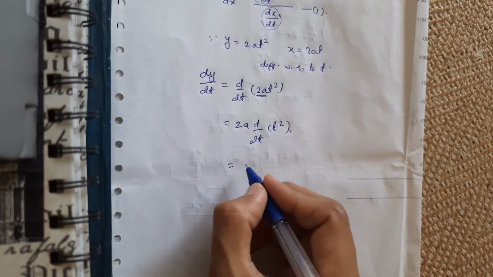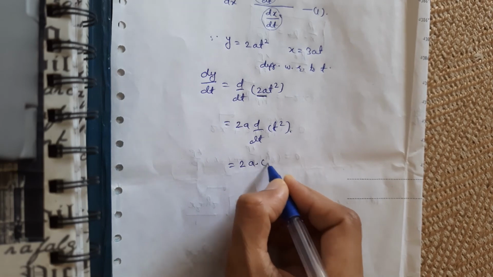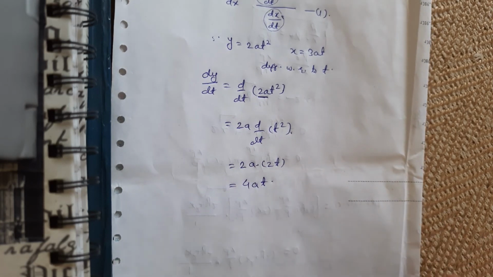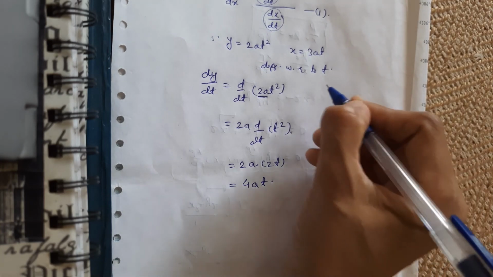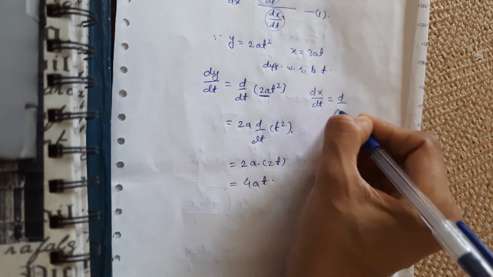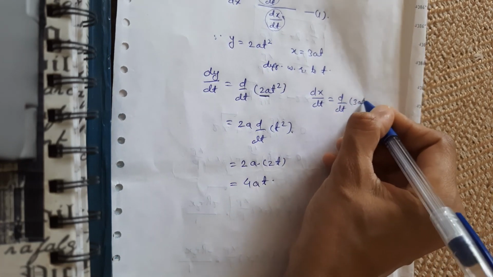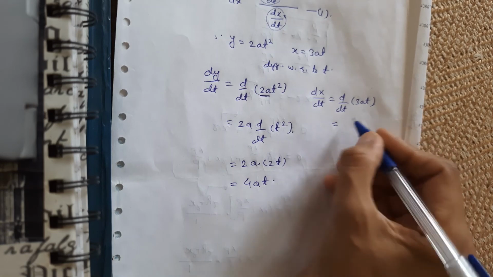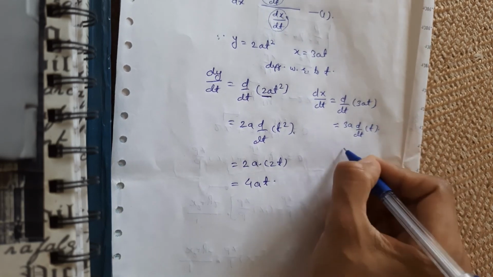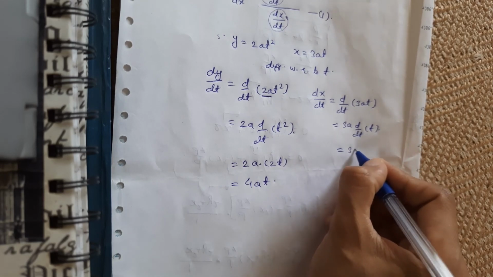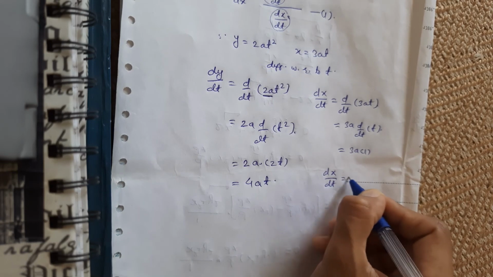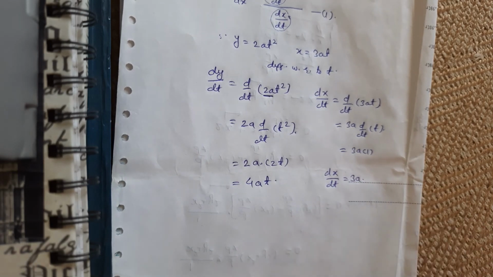So d by dt of t square will be 2t. 2a into 2t, which equals 4at. Now here dx by dt equals d by dt of 3at, which is 3a constant times d by dt of t. The derivative of t is 1. So 3a into 1. So dx by dt equals 3a.